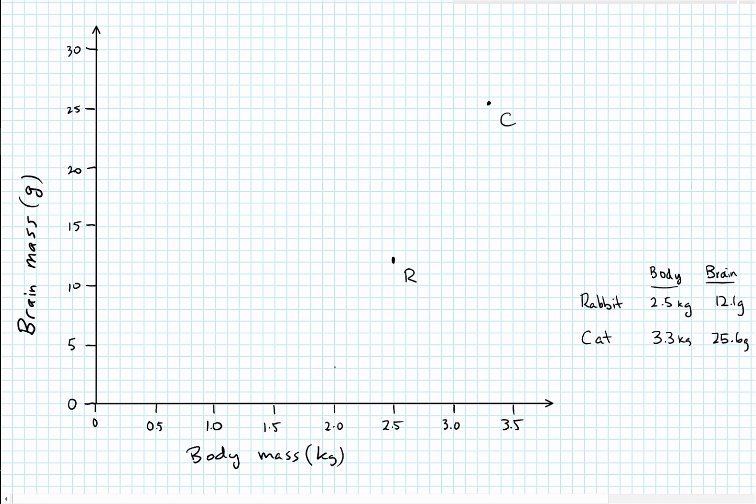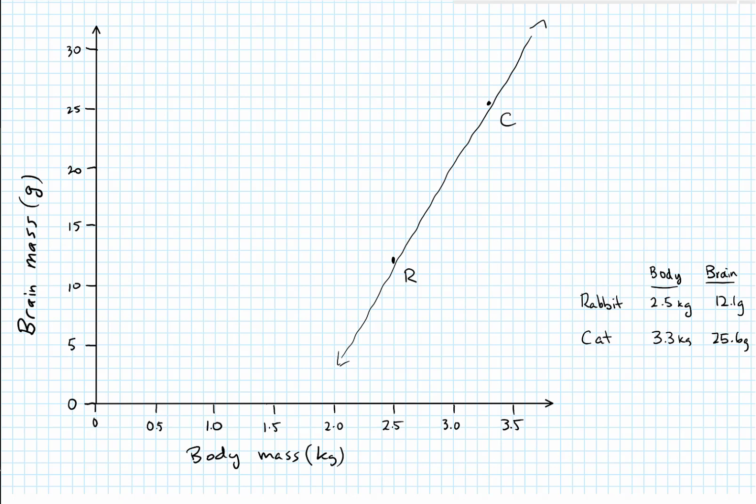And let's say that we'll draw a rough line here. So one of the things you should notice right away is that line seems to head down towards the x-axis. In other words, a body mass of around 1.8, 1.9 kilograms and a brain mass of 0. Now, that in and of itself should kind of raise some red flags to you. This is probably not a linear relationship.